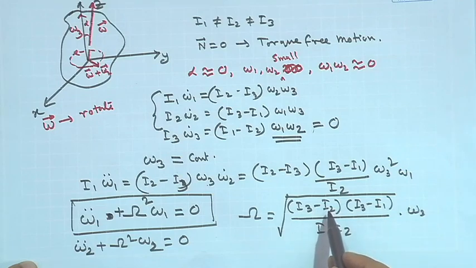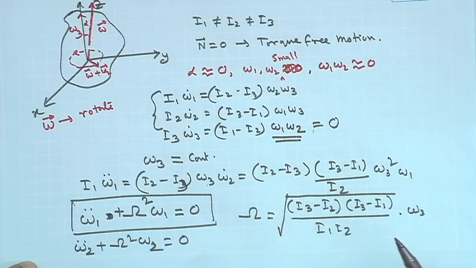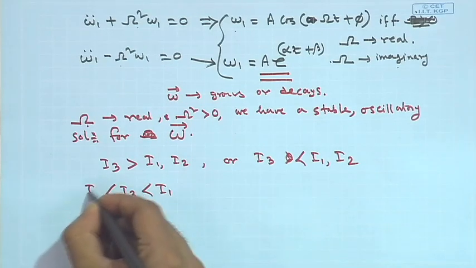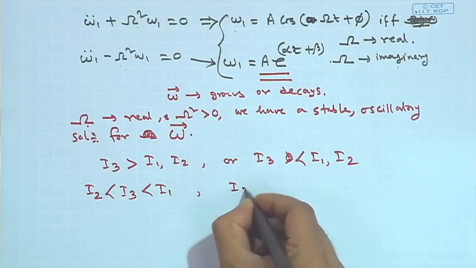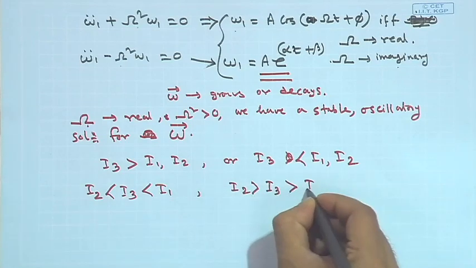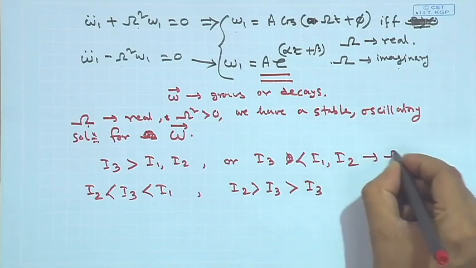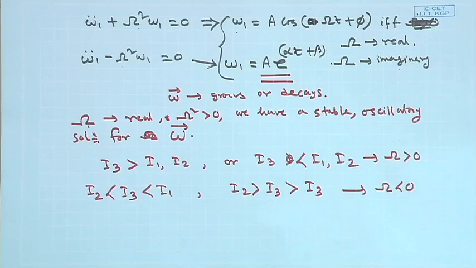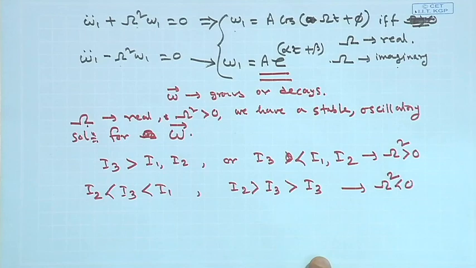If I3 is less than both I1 and I2, then this term is negative, this term is negative, and the combination of both gives you positive, and then we have an oscillatory solution. But if I3 lies between I1 and I2 in this fashion or in this fashion, then one gives omega square greater than 0 and the other gives omega square less than 0, right?